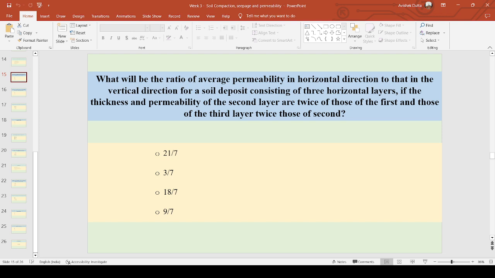Those means thickness and permeability of the third layer are twice those of the second. Your options are 21 by 7, 3 by 7, 18 by 7, and 9 by 7.